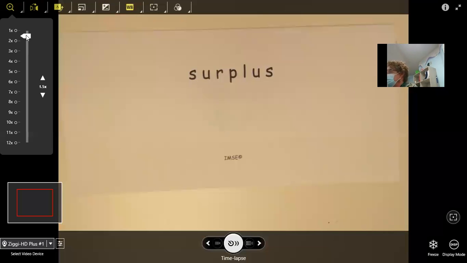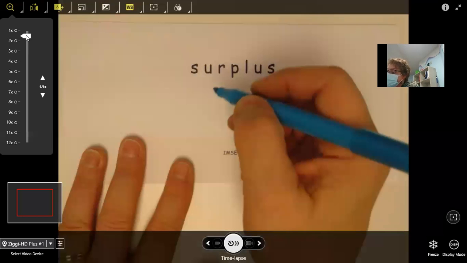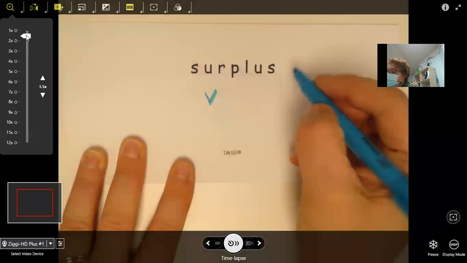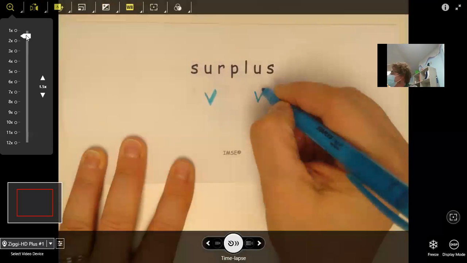Did you try marking what kind of syllables we have? All right, Ben, what'd you do? Yep, under the two U's.